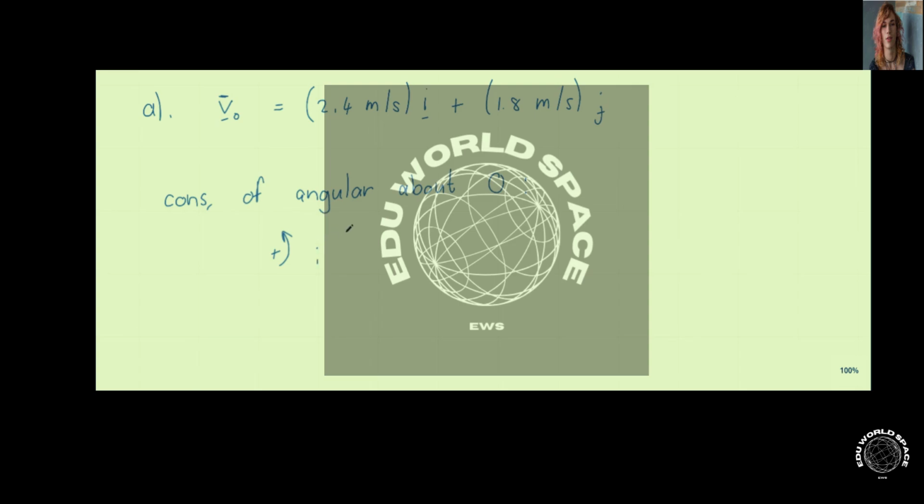So the angular momentum conserved about O is 1.89 j cross with m v bar naught plus H G naught.